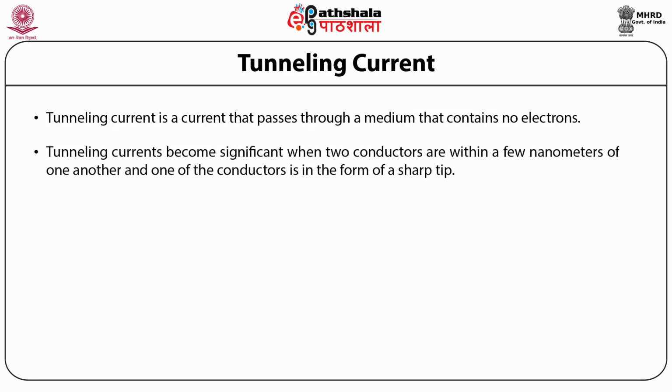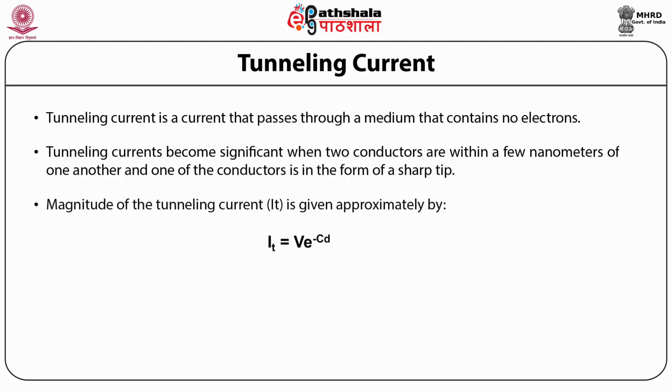Tunneling current becomes significant when two conductors are within a few nanometers of one another and one of the conductors is in the form of a sharp tip. The magnitude of the tunneling current is given approximately by this formula.